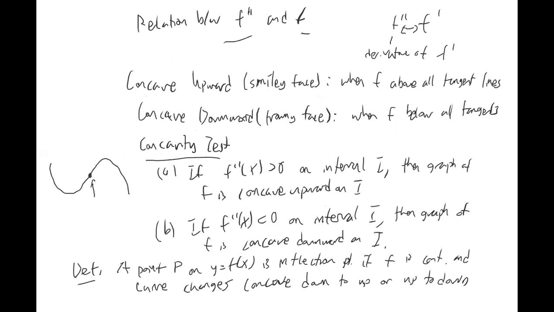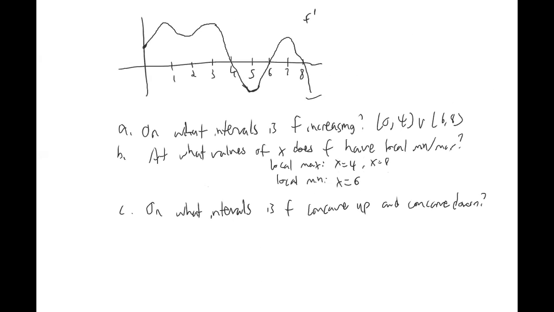So f is concave up, if you look at the concavity test, when your second derivative is positive, and concave down when the second derivative is negative, right? So knowing that, this is basically asking when is f double prime positive, when is f double prime negative.